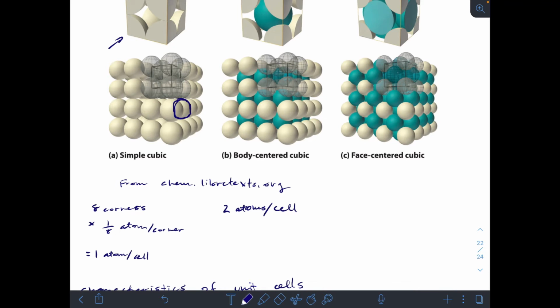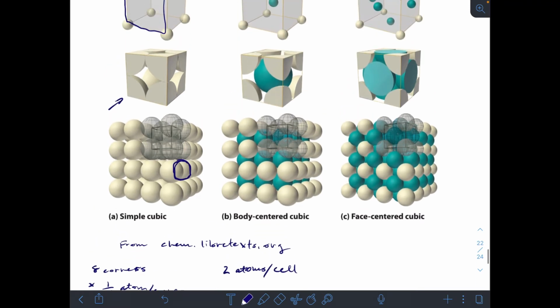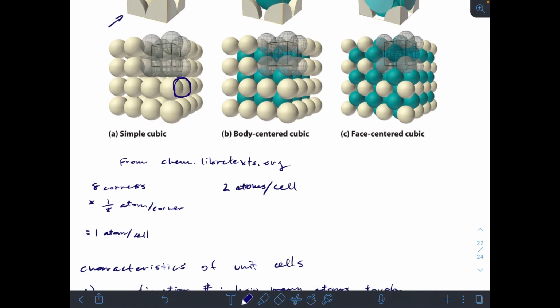Now our edge cell length, we can do some wonderful geometry involved, and it's always fun for me to try and teach that geometry because it's all about triangles. But we can take a triangle that goes along one edge, through the center, and we relate it all to atomic radius. But we're going to sort of skip over that and say that the edge cell length is equal to 4r over the square root of 3.